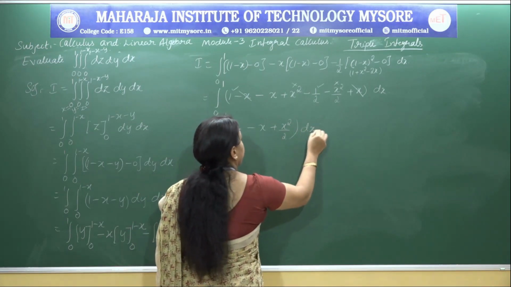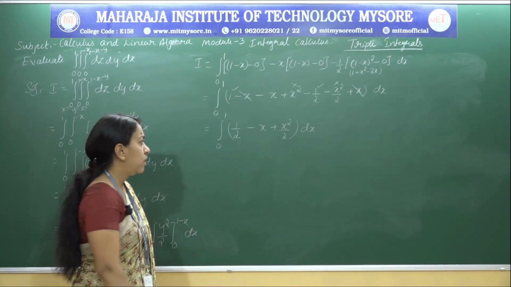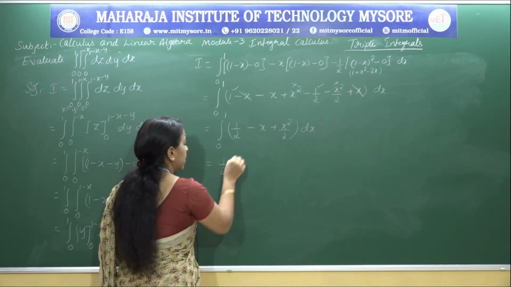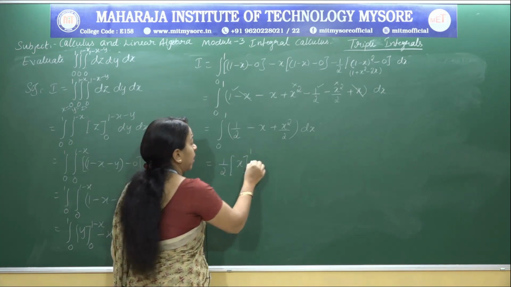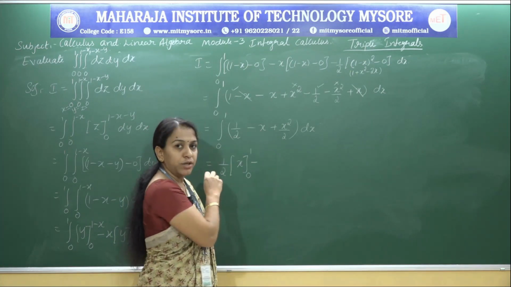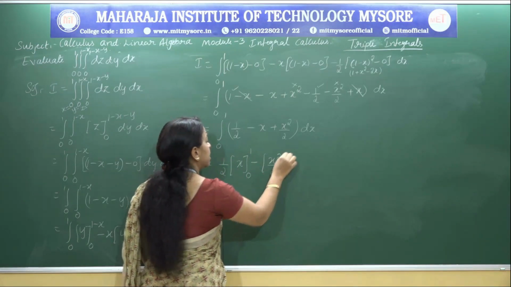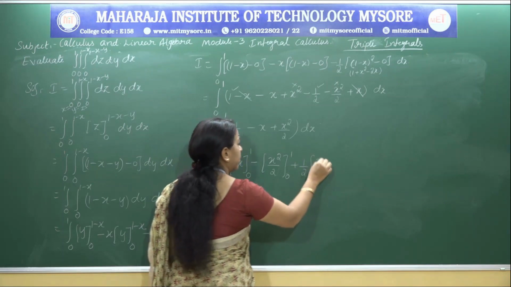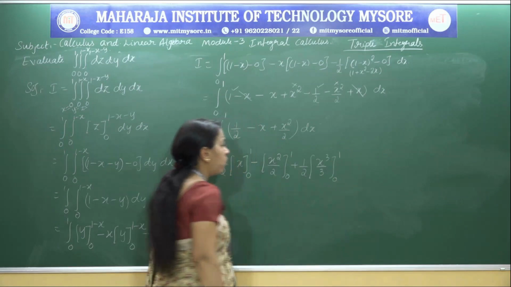Now we remain with only x variables. Now integrate with respect to x, that is 1 by 2 constant, the integral of dx is x between the limits 0 to 1, minus the integration of x, which is x square by 2 between the limits 0 to 1, plus 1 by 2 into the integration of x square, which is x cube by 3 between the limits 0 to 1.